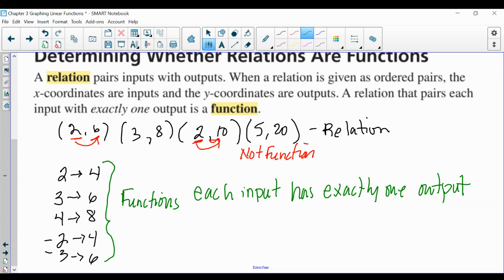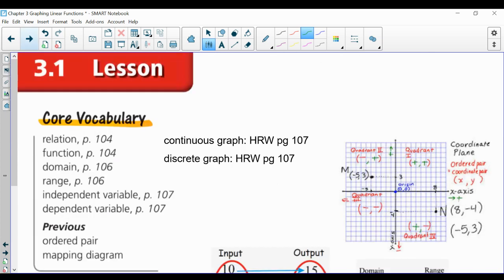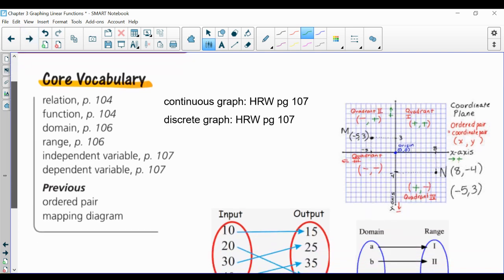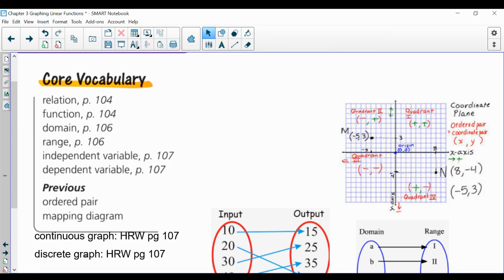That's what makes it a function. And we're going to look at this a little more. I'm going to teach these two words. They are in the next section as well.